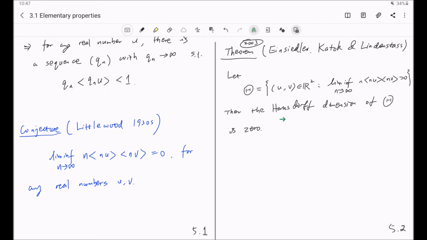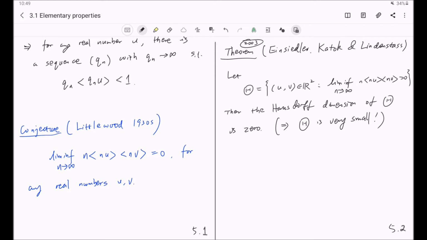You probably don't know the meaning of Hausdorff dimension, but let me just tell you, if a set has Hausdorff dimension 0, then it is very, very, very small. So informally, this tells you that theta is very small, because there are sets of Lebesgue measure 0 which have positive Hausdorff dimension. And if a set has Hausdorff dimension 0, then it has to be very, very small.